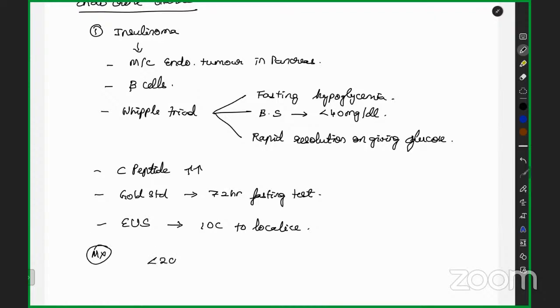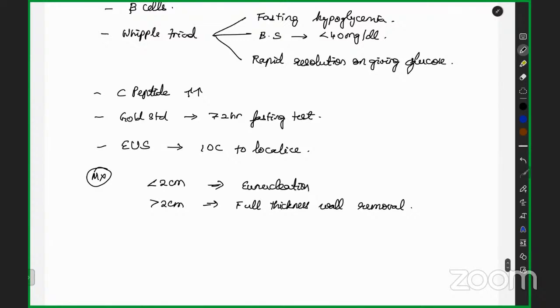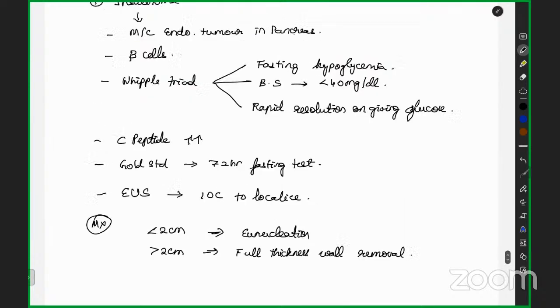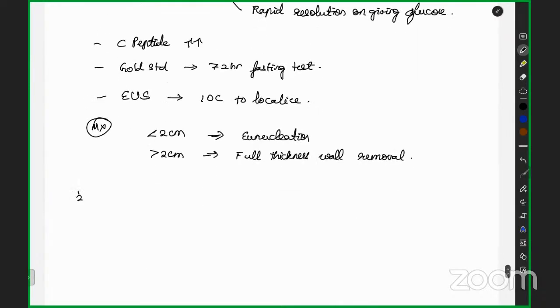If it is less than 2 centimeter, I'm going to perform enucleation. If it is more than 2 centimeter, I'm going to perform a full thickness wall removal. And if it is malignant, it can go to the liver. This comes to the end of the first one, insulinoma, short note.